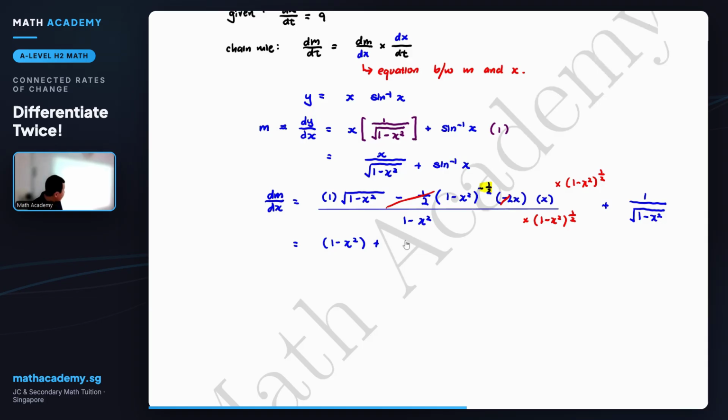Okay, so there is this x and another x that appears. We will end up with a plus x squared. Okay, the negative half power and the positive half power will be cancelled out. So in my denominator here, I will now be left with 1 minus x squared power 3 over 2. It was power 1 here, and we added with the half. It becomes a 3 over 2.